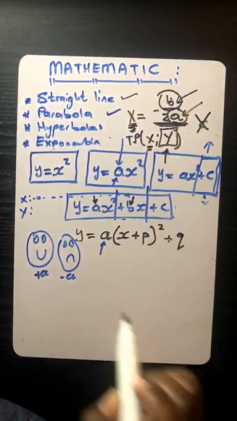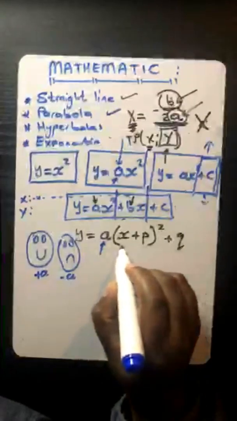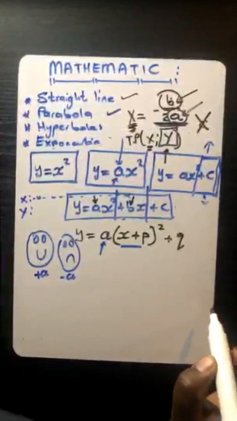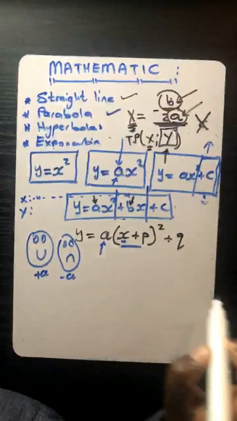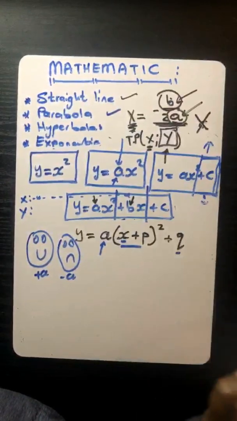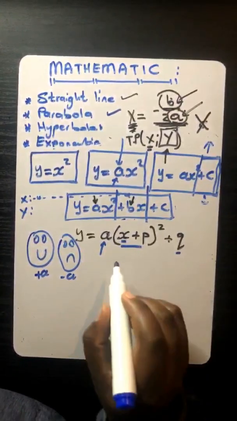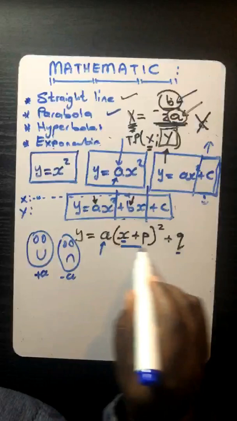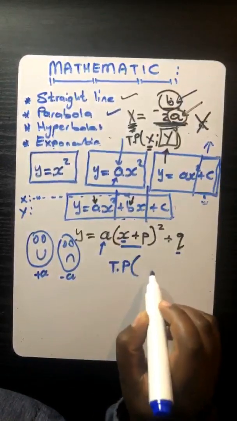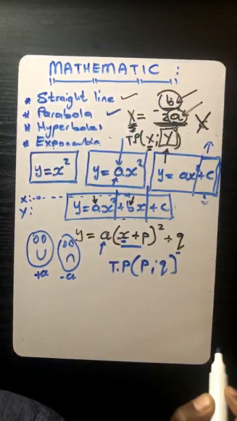But if it's a negative value, we've got a sad shape. The part inside the brackets tells you the x value of your turning point, and the last part gives you the y value of your turning point. So when a function is given in that format, they are giving you the turning point, where the values are p and q.